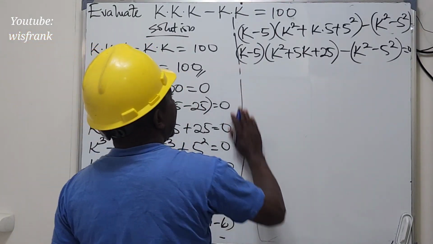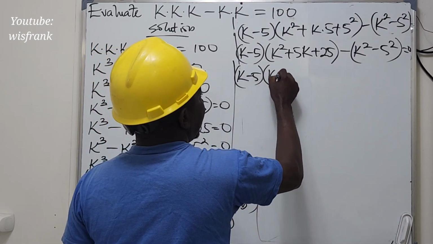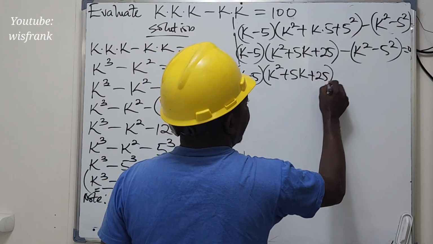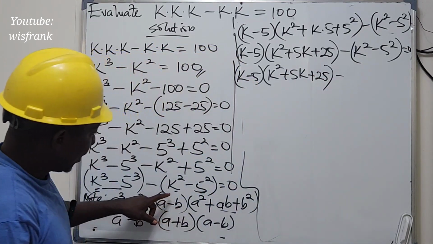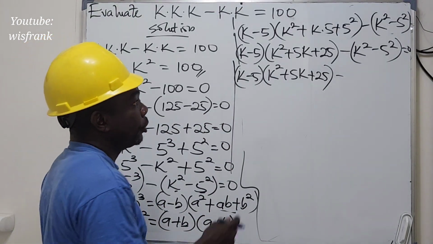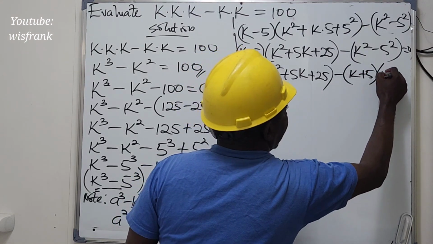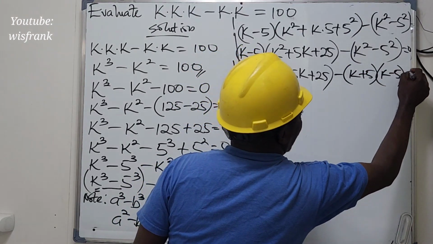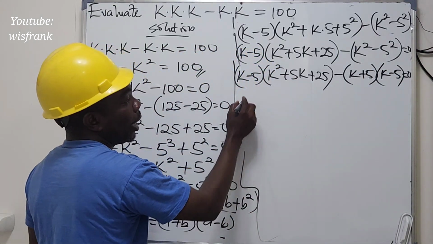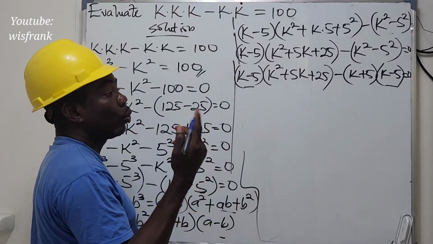This is the same thing as k minus 5 all into k to the power of 2 plus 5k plus 25, all minus, in parentheses, k plus 5 into k minus 5, all equals 0. So this is what we have. We can look at it: we have k minus 5 here and k minus 5 here. So if they are common, we can factor it out.